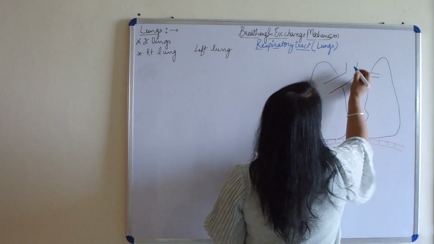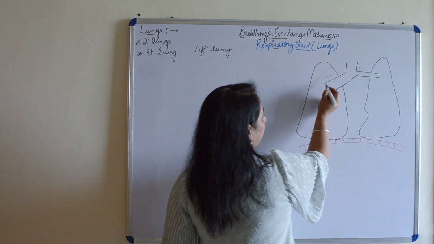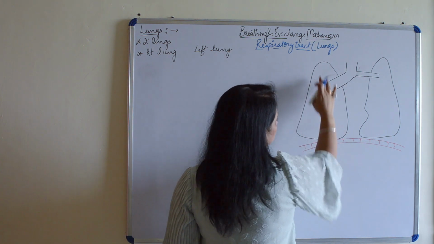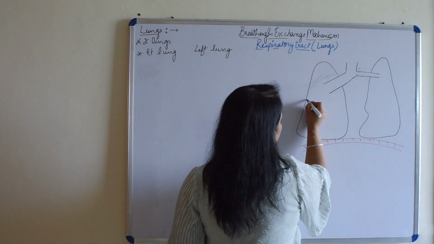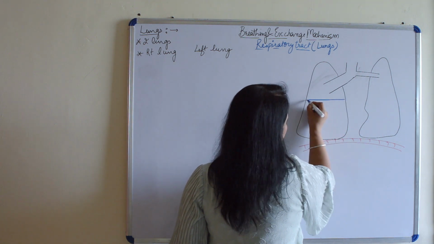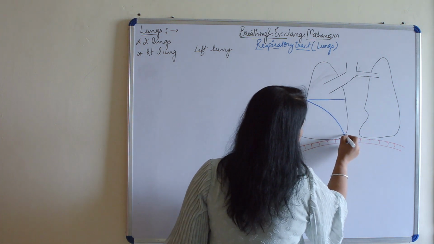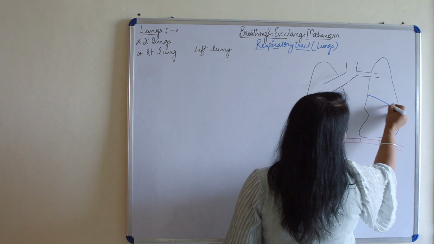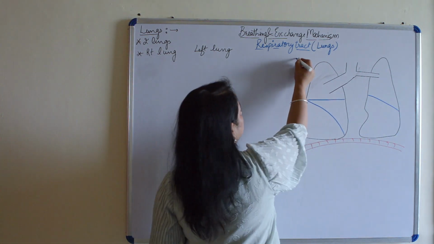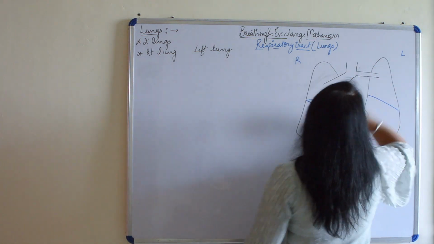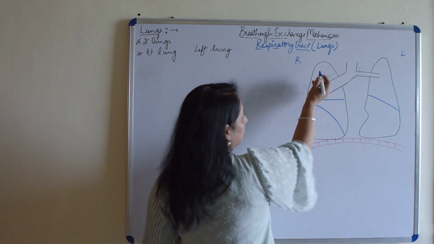Now, before the bronchi divide further, there are three lobes in the right lung, divided by one horizontal fissure and an oblique fissure, whereas there is one oblique fissure in the left lung only. I'll just write right lung and left lung. So there are three lobes, let's label them.